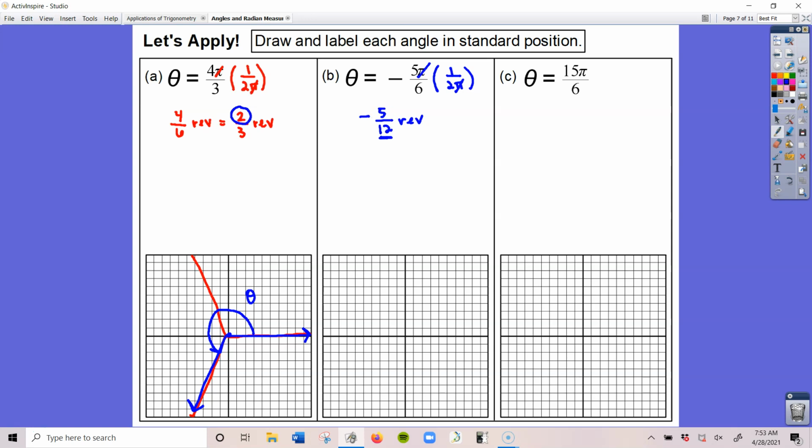So again, the denominator tells me how many parts I need to divide my quadrant. It's 12. So that means that I can start off by dividing each here by 4. And then if I divide each quadrant into 3 equal parts, I would end up with 12 in total.